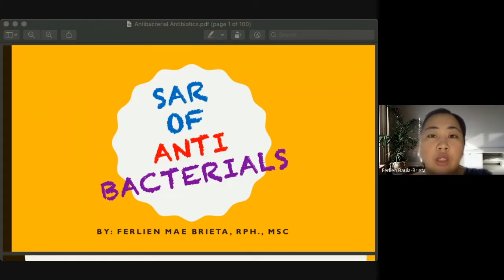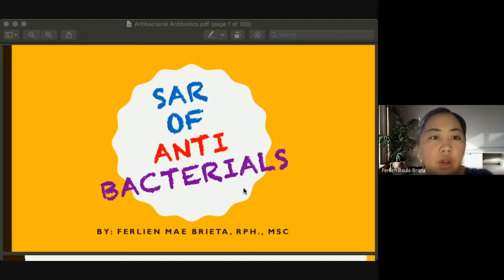Our doctors and other practitioners expect the pharmacist to know the details of this drug, not just the mechanism of action or the big picture of it, but up to the details. So hopefully that familiarity level will be pushed towards the boundary of gaining expertise on this drug.